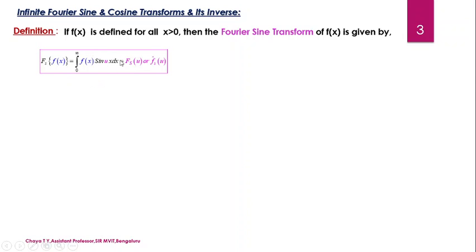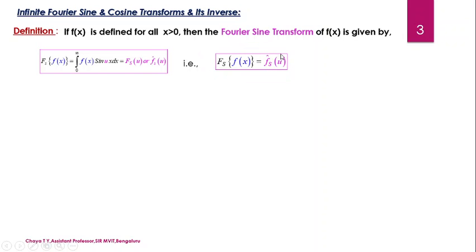So when you observe the integrand here I have the term dx. Whenever I have the term dx, what does it represent? Integrate the function with respect to x. So x will be treated as a variable in this case, treating u as a parameter. Since whenever you apply Fourier sine transformation on a real valued function f of x, the resultant will be in terms of the parameter u.